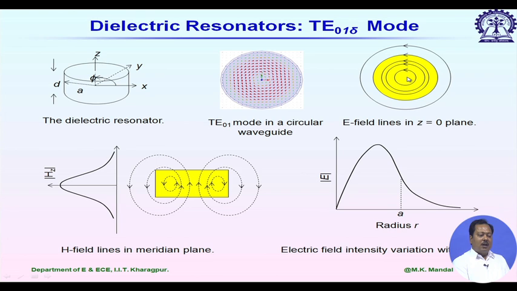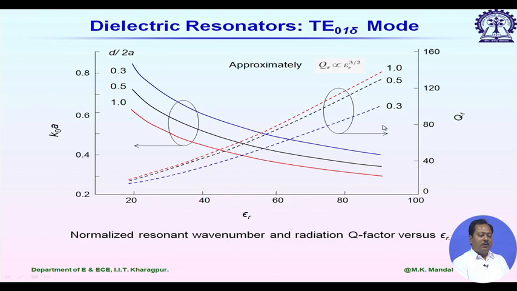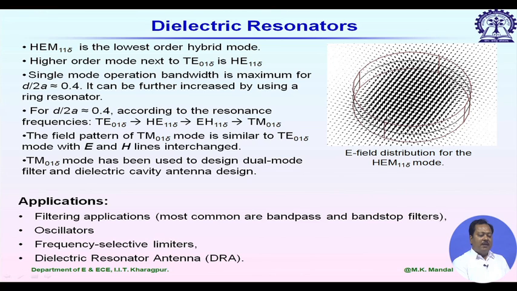But the cutoff frequency for the next higher order mode, which is HEM11 delta mode, will increase if I place one air via along the axis of this dielectric resonator. So, that is how the monomode bandwidth of the resonator can be increased.